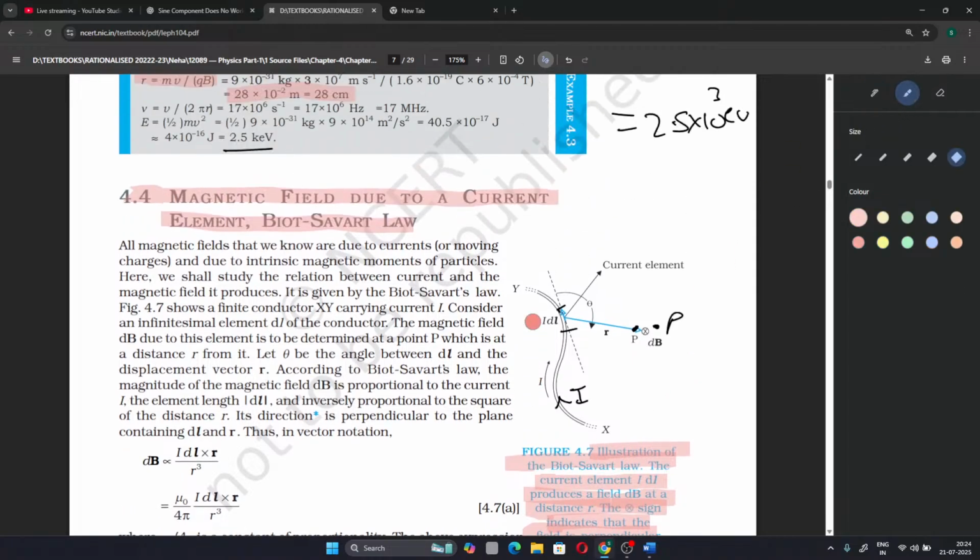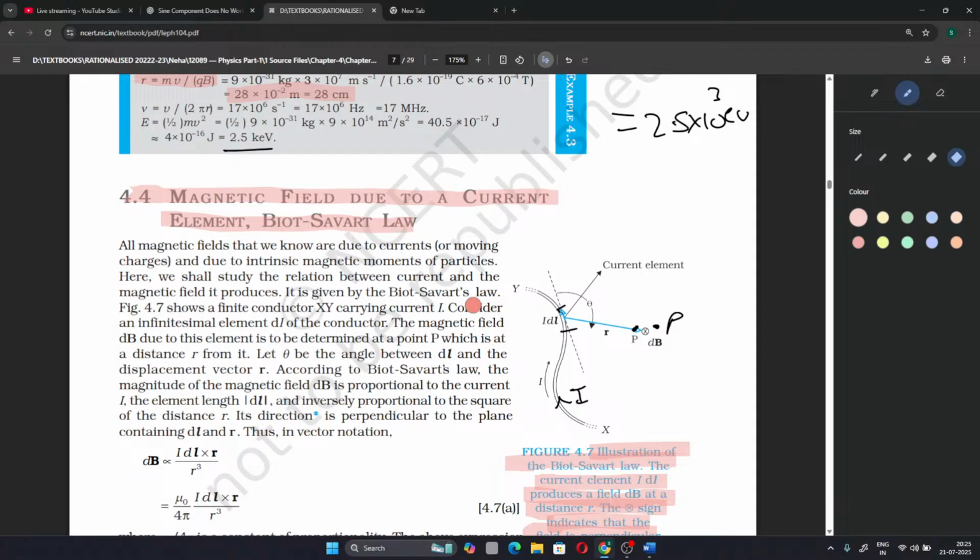Before, we saw the effect of magnetic force, the magnetic force due to an external magnetic field, and the interaction of the magnetic field with particles or charges. Now we are seeing the magnetic field due to a current element.